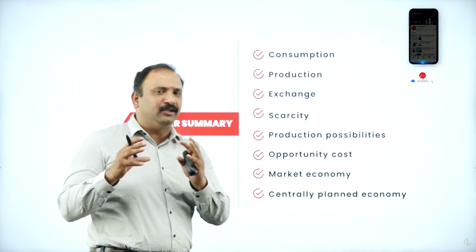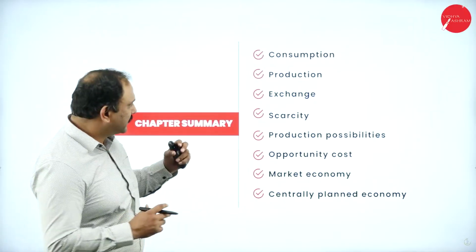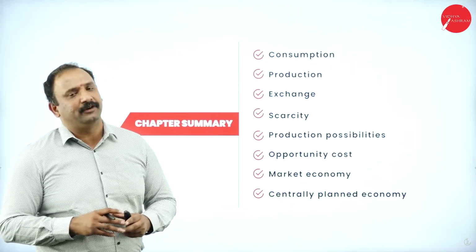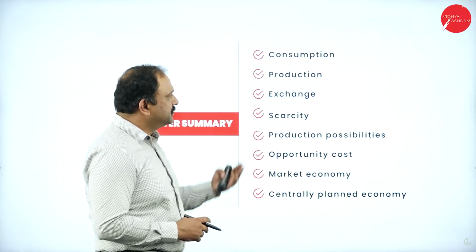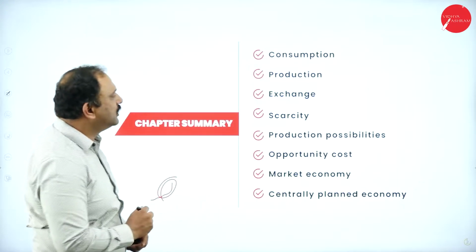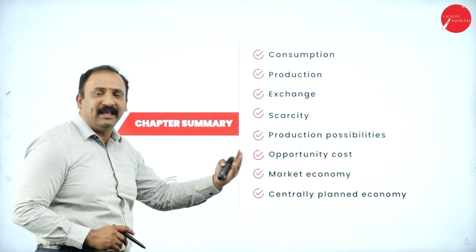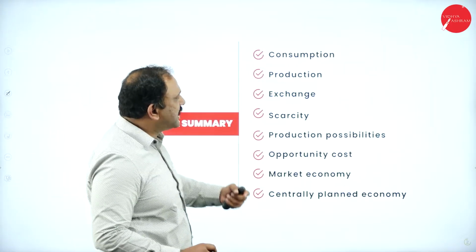Now, we are going to look into the summary, that is the key takeaway from this chapter, some of the keywords that we have to learn, and then we will go into the different types of questions. Starting with what is consumption, production, exchange, scarcity, production possibility, all these factors including opportunity cost, market economy and centrally planned economy. Now let us try to first understand this.